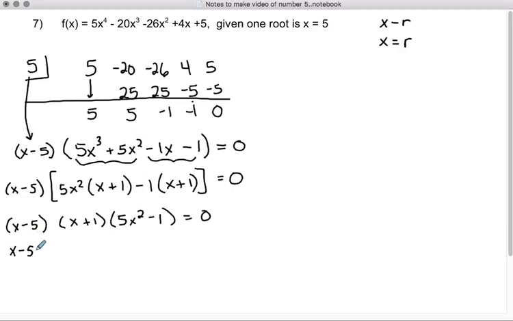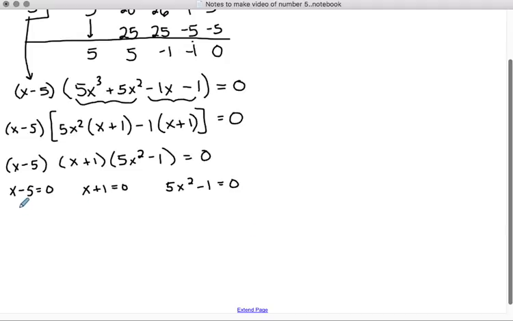So x minus 5 is equal to 0, x plus 1 is equal to 0, and I've got a quadratic here, 5x squared minus 1 is equal to 0. That's okay, I can solve that. So these two I'm just going to take care of real quickly so I don't forget to have those as solutions. X equals 5, x equals -1.